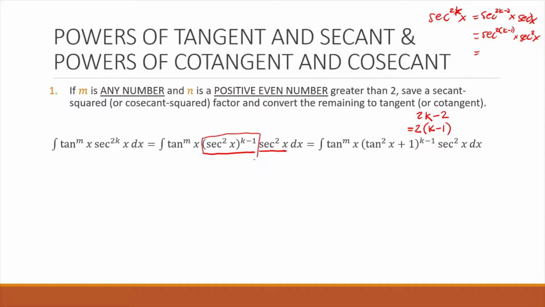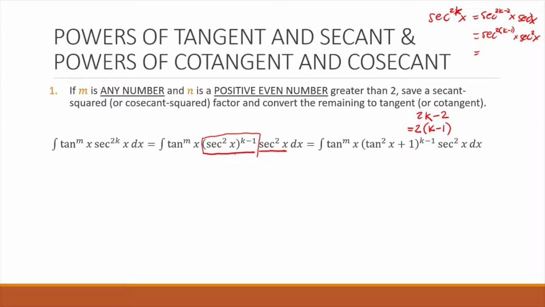So, kumbaga, we separated the two factors, 2 and k minus 1. We can do that because, of course, of the power of a power property from the laws of exponents. So we now have tangent raised to m, quantity secant squared x raised to k minus 1, and then secant squared x dx.